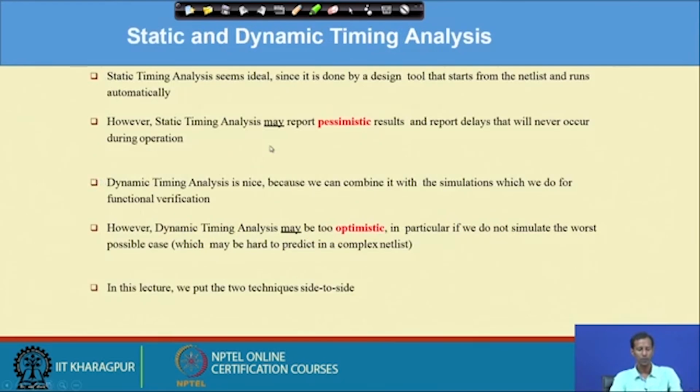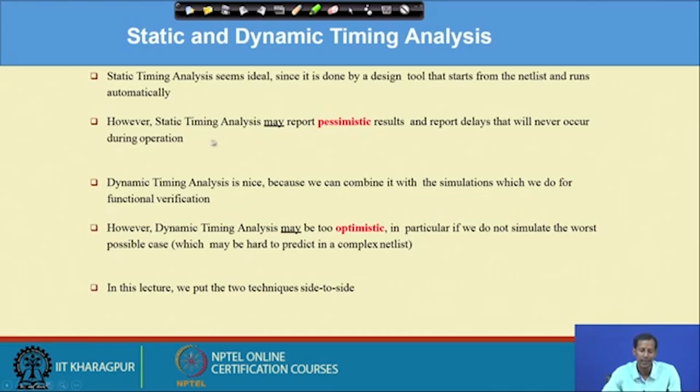So here you see this static timing analysis seems ideal, since it is done by a design tool that starts from the netlist and runs automatically. Okay. What I said is that, based on the library information about the gate delays and the net delays, the tool itself calculates the corresponding timing requirement for the critical path or for the system design.